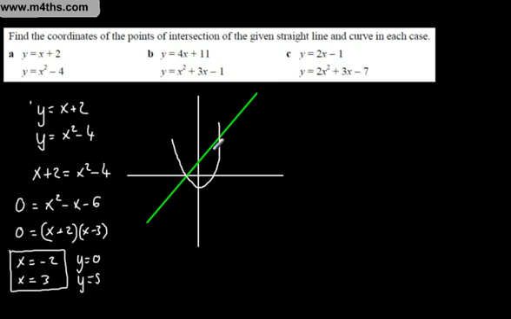What we've just found are the points of intersection. One solution is going to be minus 2, 0, and the other solution is when x is equal to 3 and y is equal to 5, so that's 3, 5. And we know this one is minus 2, 0 because the line y equals x plus 2 goes through at negative 2.